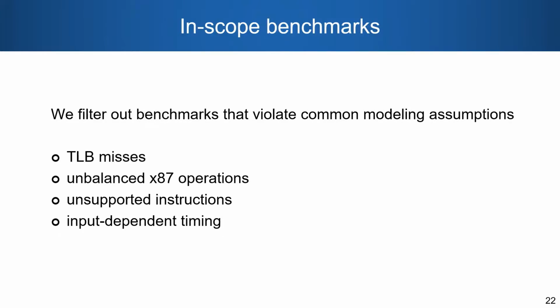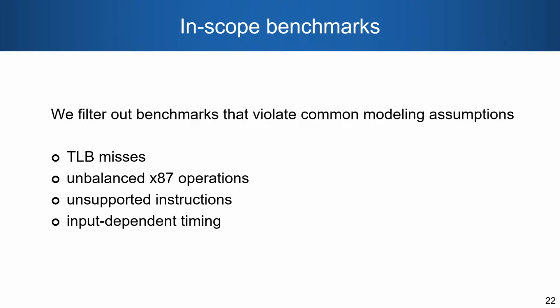As discussed earlier, the goal of the BHive set is to contain benchmarks whose execution agrees with the common modeling assumptions that we looked at in the beginning of the talk. To achieve this, the authors of the BHive set used the following approach. First, they extracted a large number of basic blocks from different applications, and then they filtered out blocks that violate modeling assumptions.